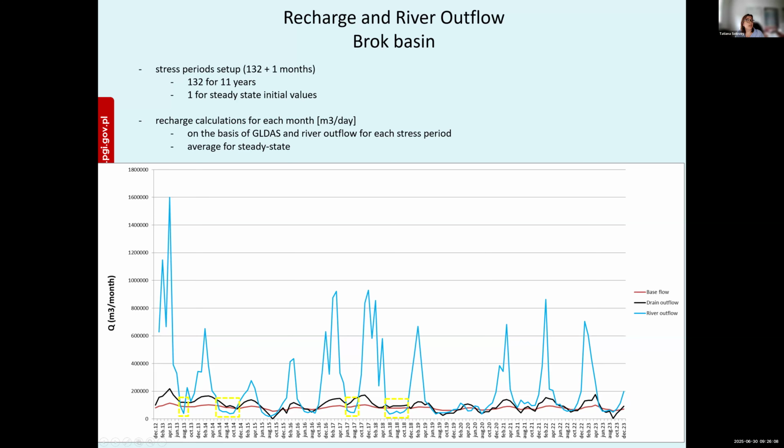Absolute values were established based on the total outflow of the Brock River, using the assumption that the outflow calculated by the model drain outflow must not exceed the observed river outflow values at the water station.